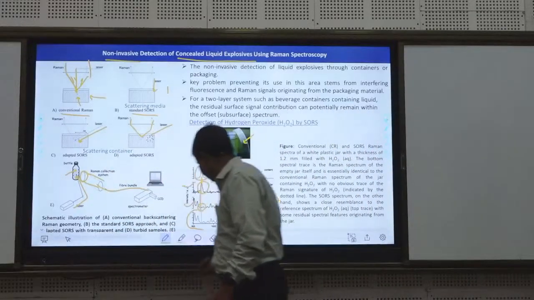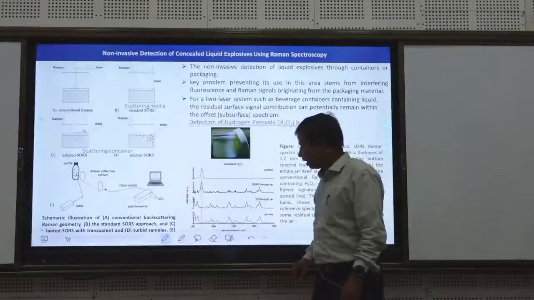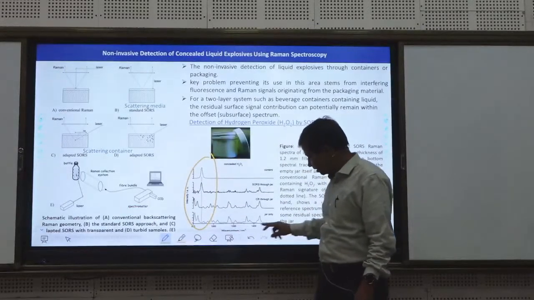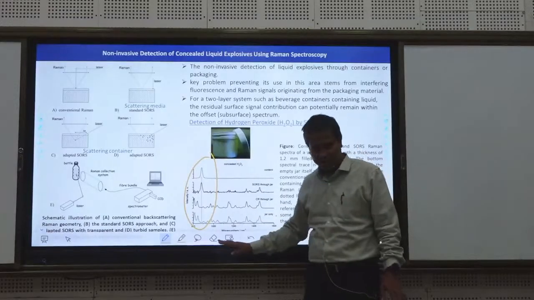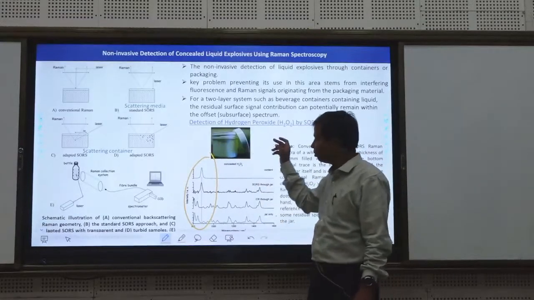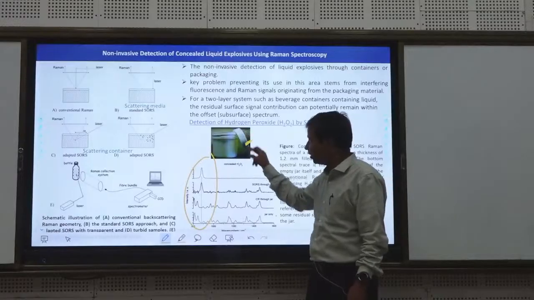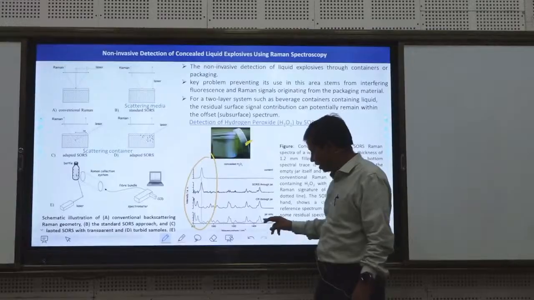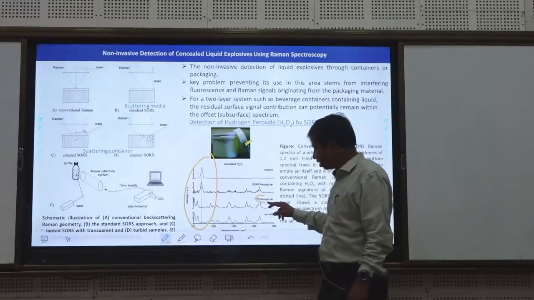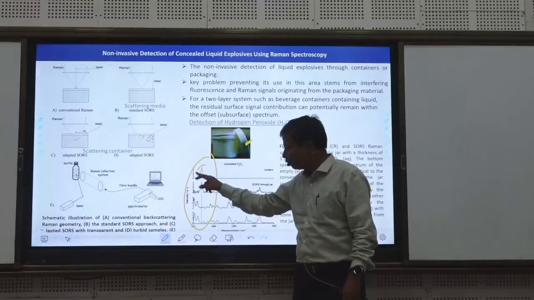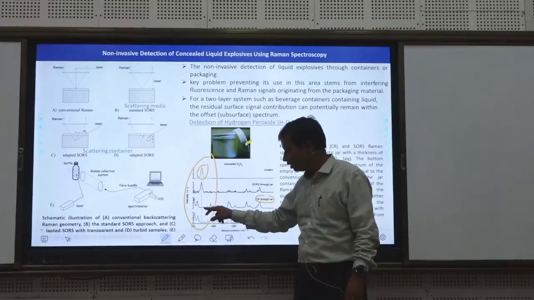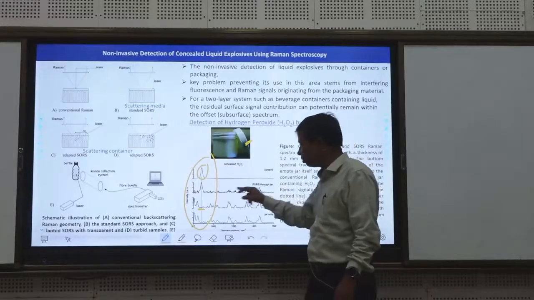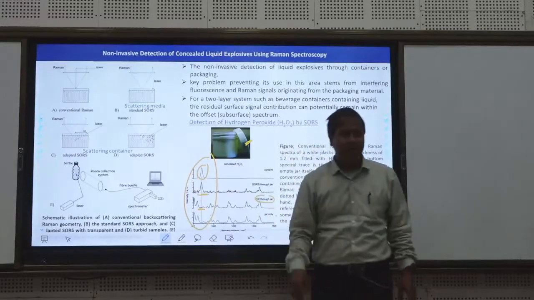This part is interesting. This is the jar spectrum. Obviously, we don't expect any H2O2, since the jar is only the material which makes the jar. But conventional Raman is not giving any H2O2 band here. You see, there is no band here, but the surface offset is giving you the band.